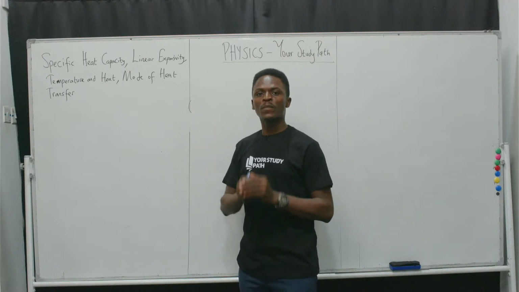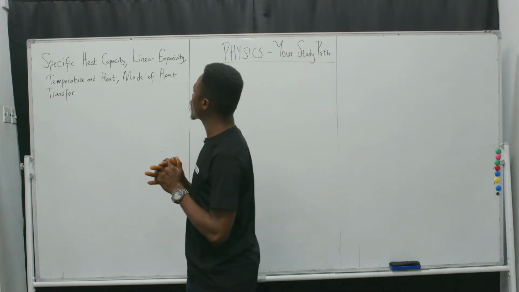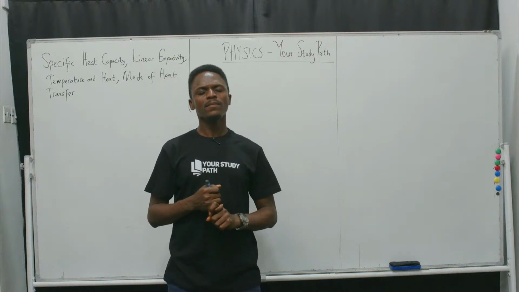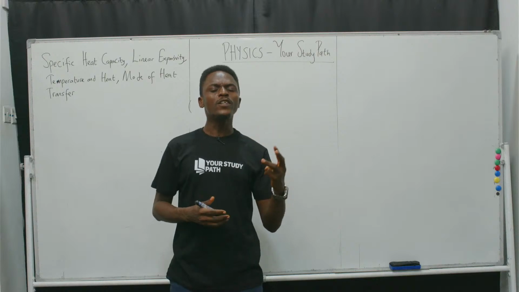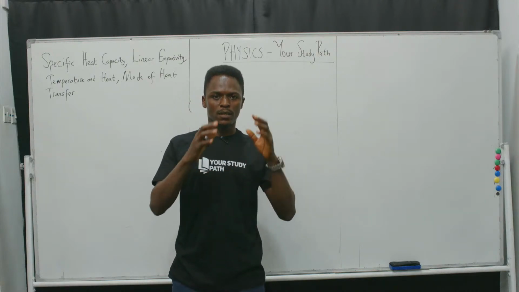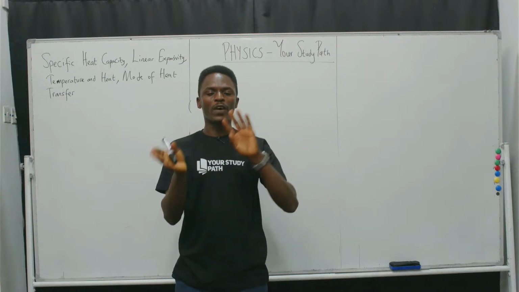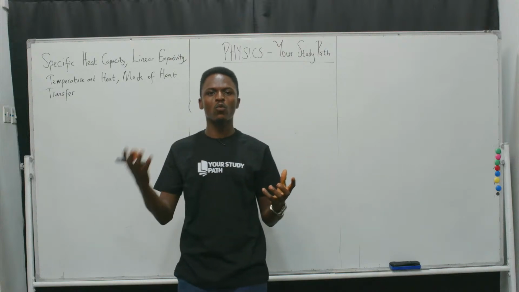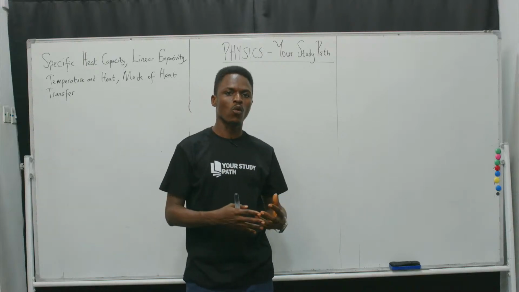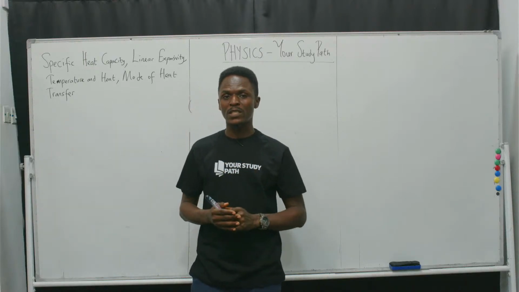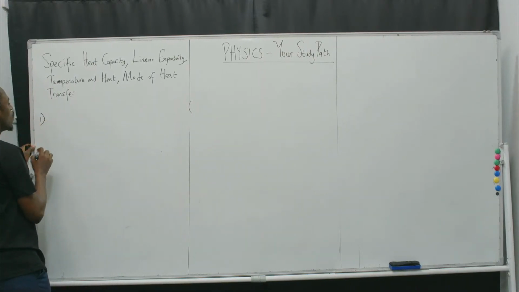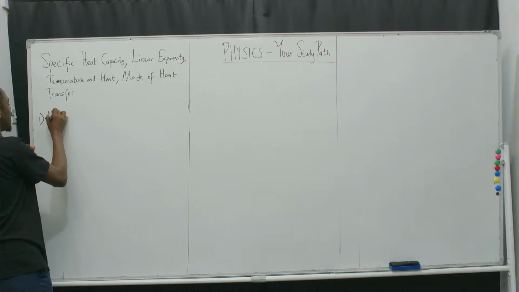Specific heat capacity. When we have specific heat capacity, we'll be making reference to certain formulas. Number one, we want to understand the various conversion rates in terms of the energy produced or converted when you have ice melting into water, water being converted to steam, or steam being cooled down to water. So what happens in this instance? Number one, we talk about heat energy.